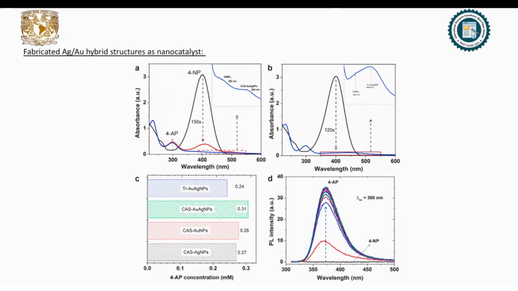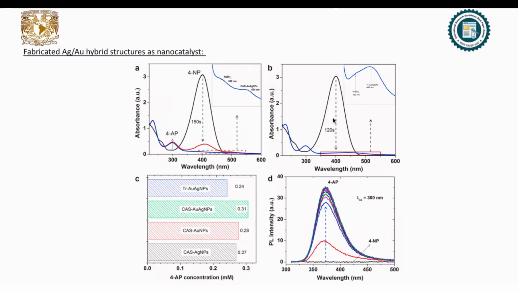On one side, the 4-nitrophenol is eliminated by decreasing the absorbance intensity. On the other side, near 300 nanometers, we can see an increase of absorbance, a small hump that shows us the formation of 4-aminophenol, as we talked about a few slides back regarding paracetamol.